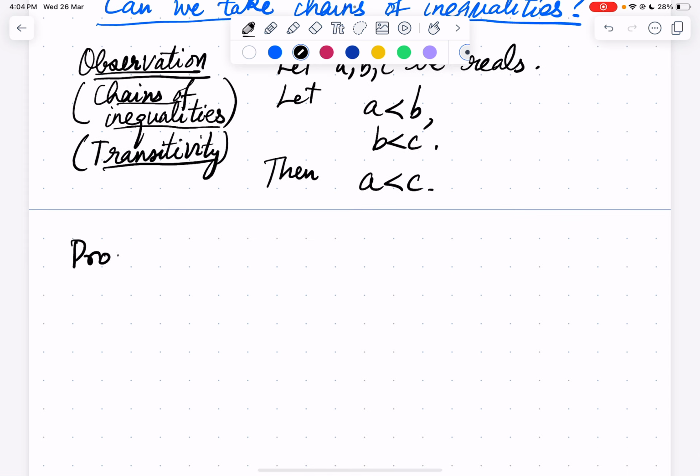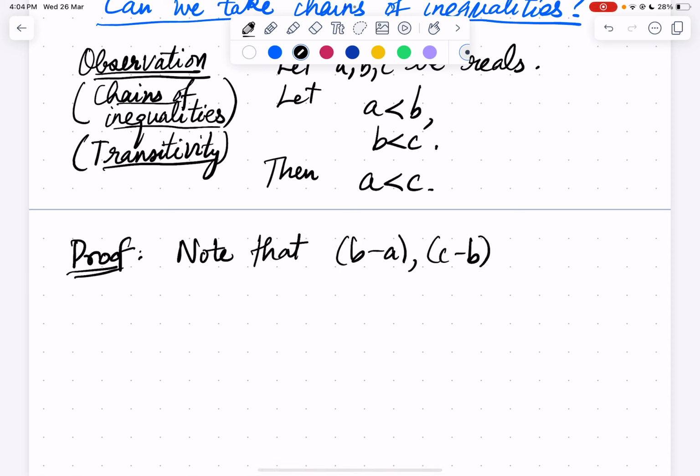So here's the proof. We know A is less than B and B is less than C. So note that rewriting the inequalities, B minus A and C minus B are positive.